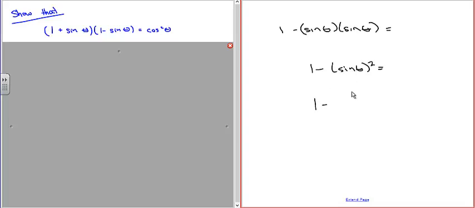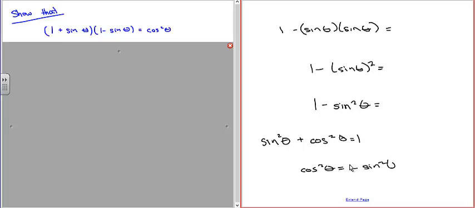But I can write sine of theta squared as sine squared theta. But I have this Pythagorean identity that says sine squared theta plus cosine squared theta equals 1. Now if I subtract sine squared theta from both sides, I get that.